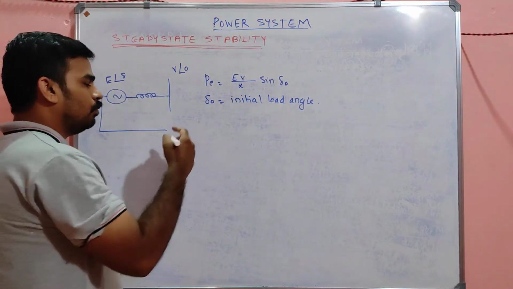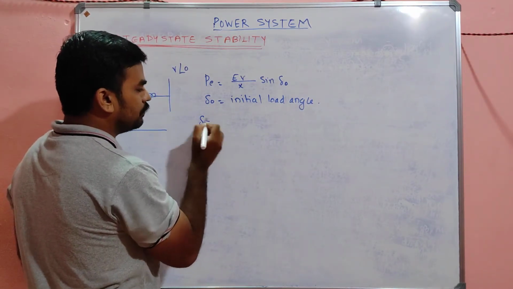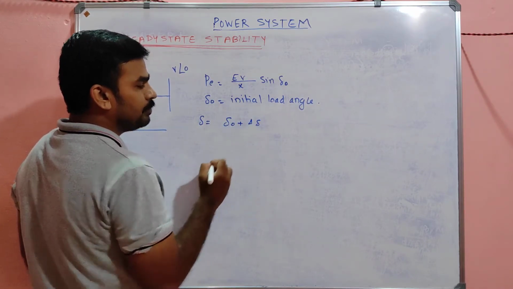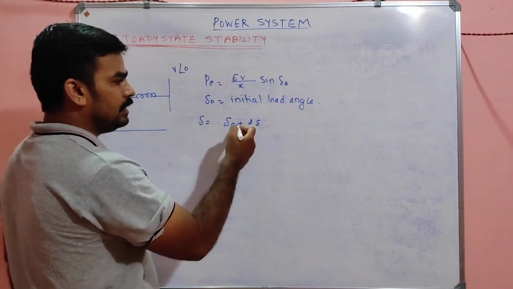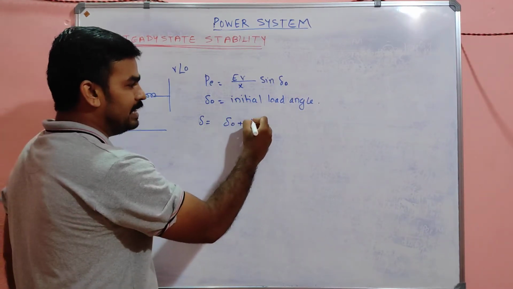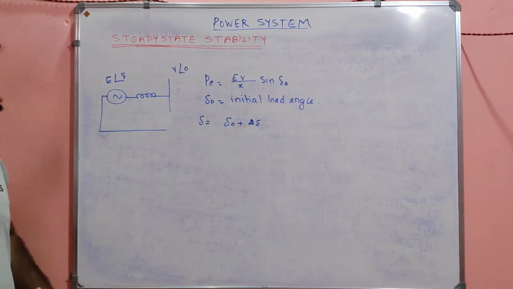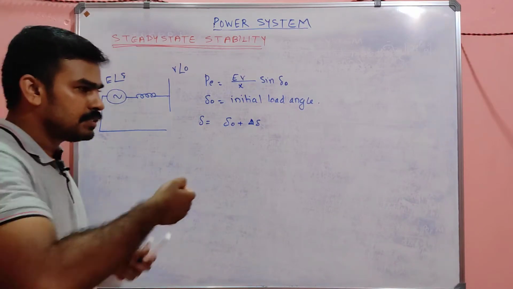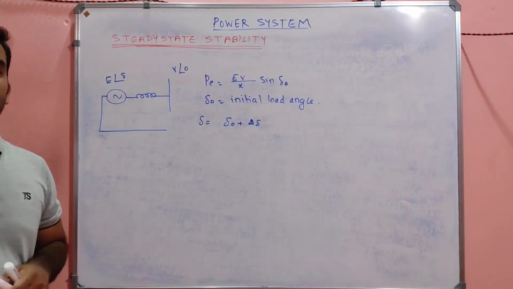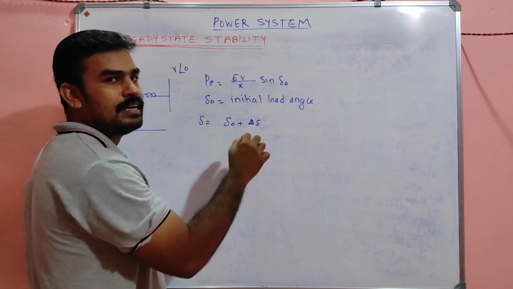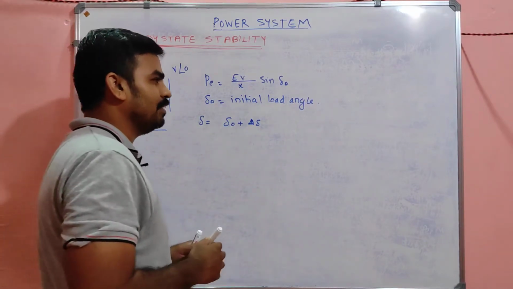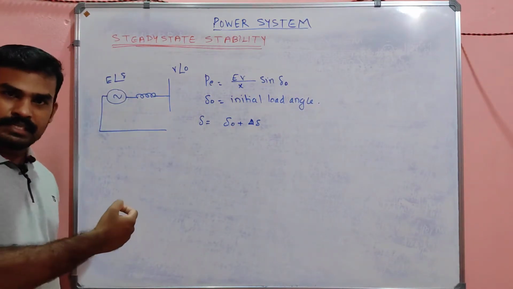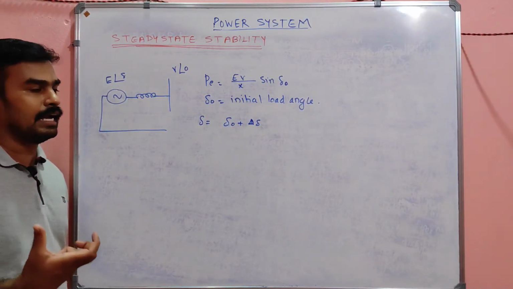What happens when we subject a small disturbance to the rotor angle? Let it be delta del. Initially the rotor angle is delta 0, and if a small disturbance is given, the angle becomes delta 0 plus del.